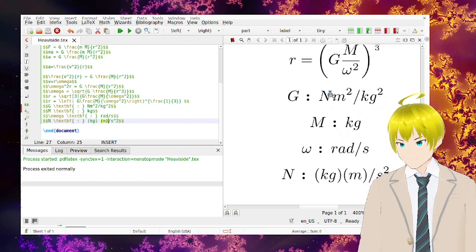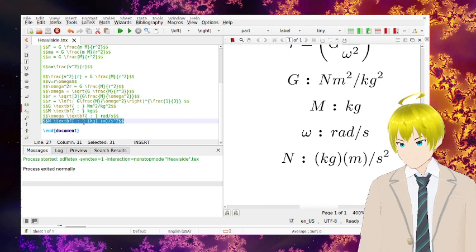So kilograms times meter cubed. Are you sure? Is that right? So once you plug this in to G, it's going to be kilogram meter cubed per second squared. And over omega squared, it's going to cancel the second squared. So our dimensional analysis doesn't work, right?